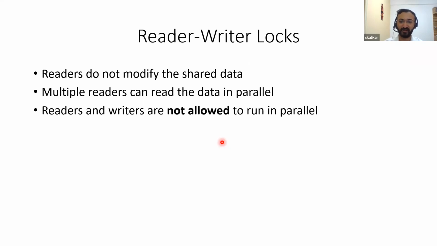This means the protocol, if you have to summarize it: multiple readers can read in parallel, no two writers can write in parallel, and no reader and writer can execute in parallel. So the writer is an exclusive access candidate, and the reader is a shared access candidate.